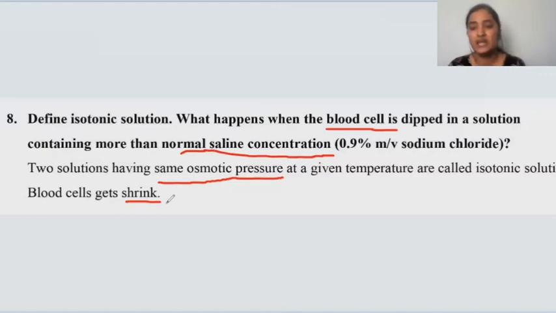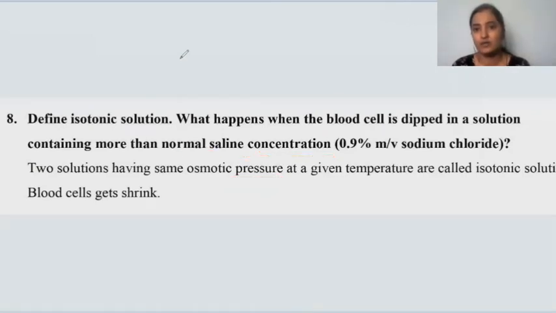Then the movement of the solvent molecules will take place from a lower concentrated solution to a higher concentrated solution. The solvent molecules move into the blood cell, such that the blood cell is going to bulge in size. The size of the blood cell is going to increase due to the movement of the solvent molecules. Hope you got to know about this question.